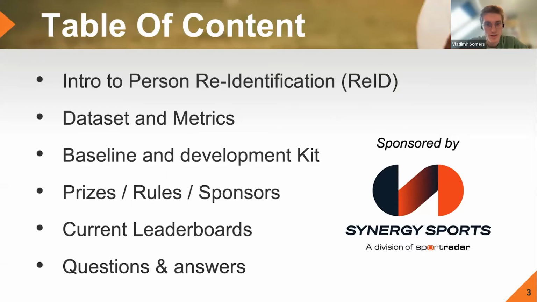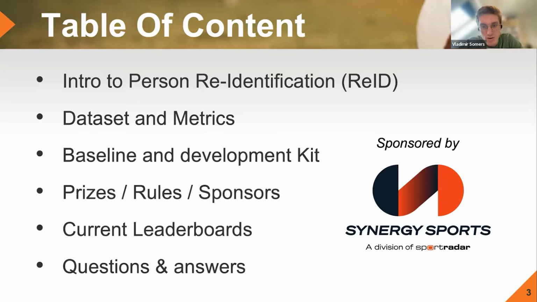So for the next hour, we will do an overview of everything you need to know to start competing in the SoccerNet Re-Identification Challenge. We will start with a brief introduction to the research field of person re-identification. And for the rest of the presentation, I will often use the shortcut ReID to refer to person re-identification.